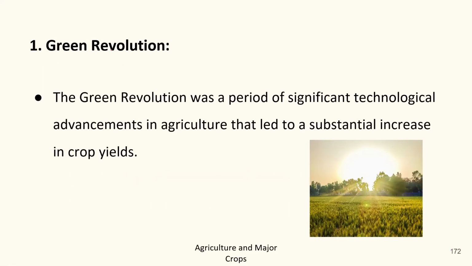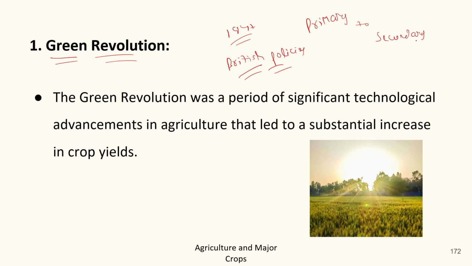First is Green Revolution. Remember one thing, we got independence in 1947, as we all know. But because of British policies, India was in the middle of a transition from the primary to the secondary sector.